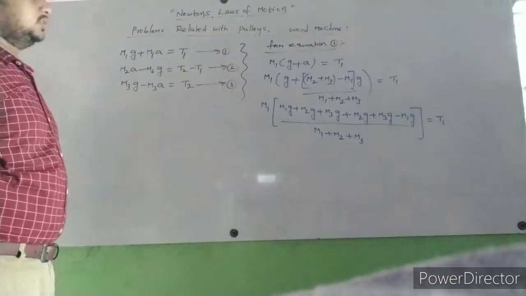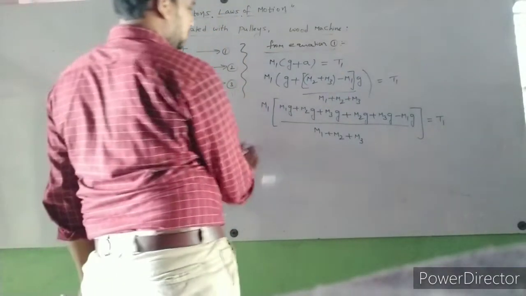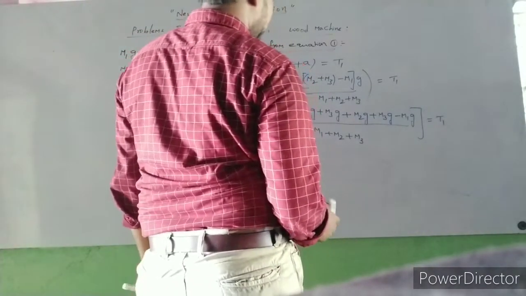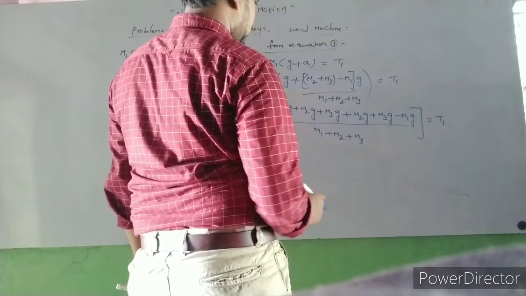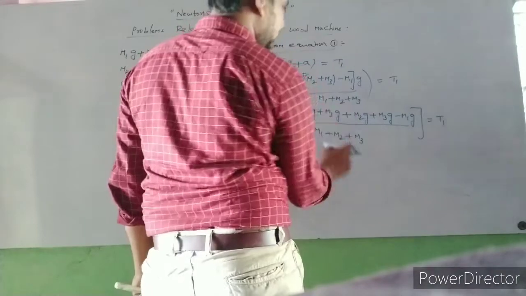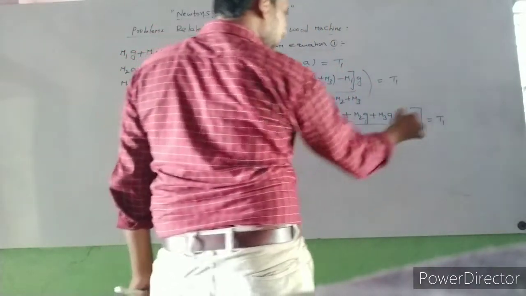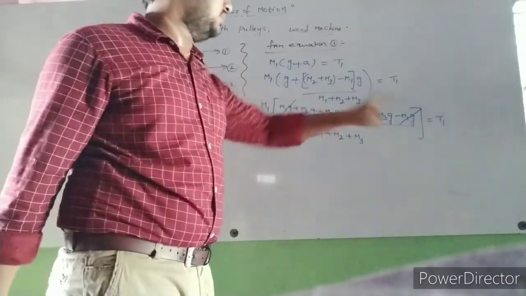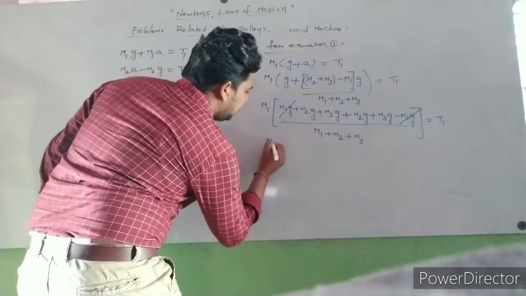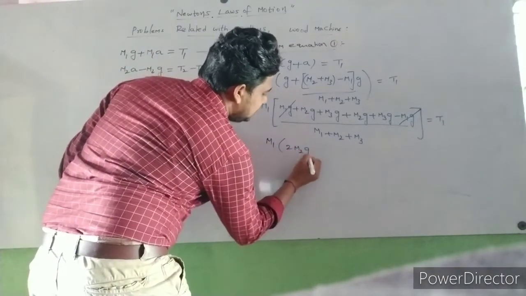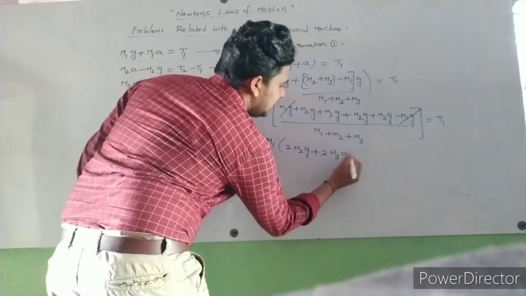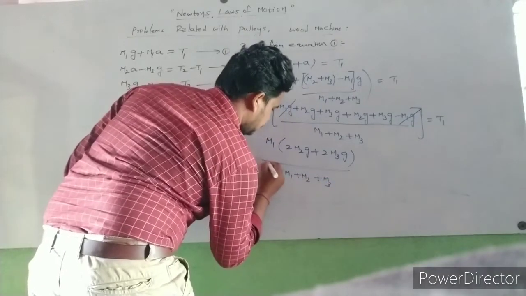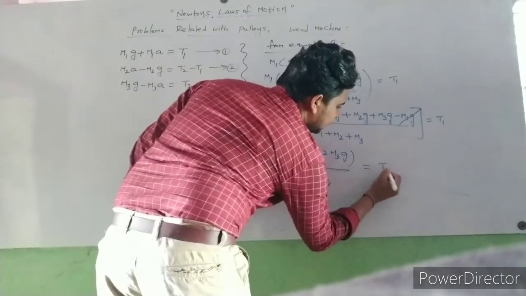Is it or not? So from this, clearly, which values are going to be cancelled? Observe carefully: M1G and minus M1G are going to be cancelled. Here M2G is there, here M2G is there, here M3G is there, here M3G is there. So that means M1 into 2M2G plus 2M3G by M1 plus M2 plus M3 is equal to tension T1.